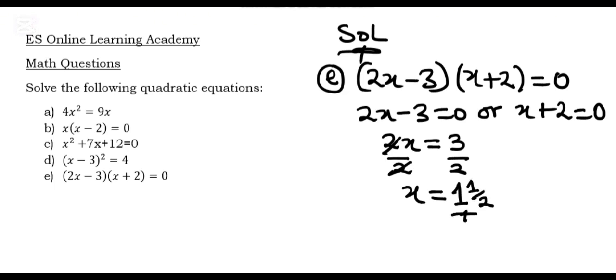So that is the first solution. Or for x plus 2 equal to 0, to solve for x on that one, we just simply take 2 to the right side, and this is just going to equal to negative 2. So x equal to negative 2 is the other solution.